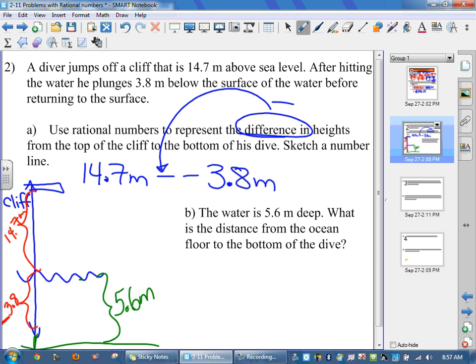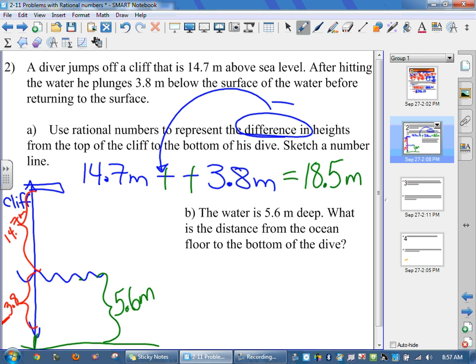Remember, signs in the middle are the same. Do what? They turn to pluses, they turn to positives. And everybody type that in. How big is it? How far did he go down? Good. 18.5 meters. That's the total distance he dove, from the top of that cliff to the bottom of where he sunk in the water.